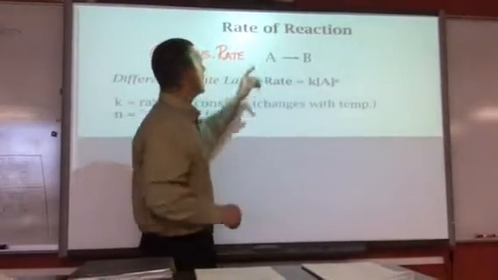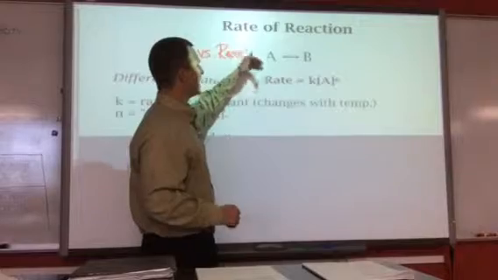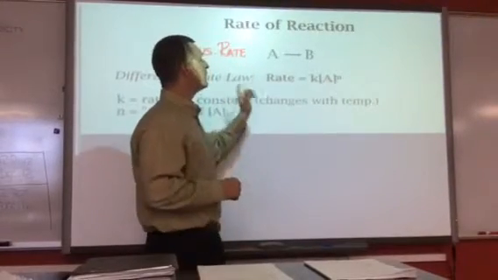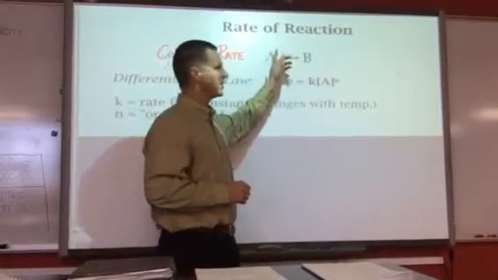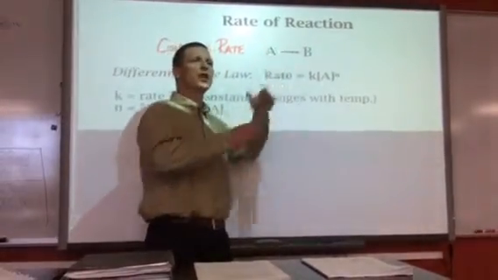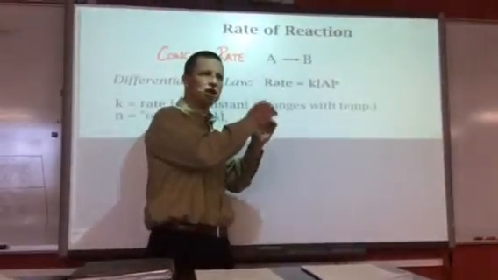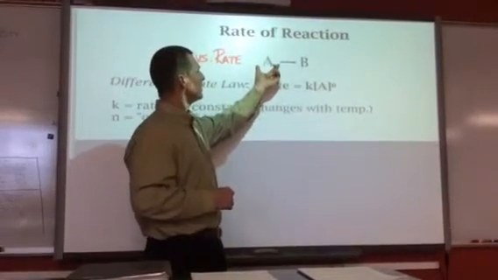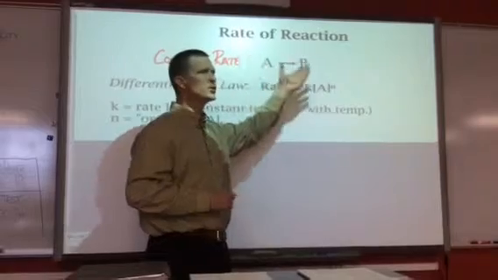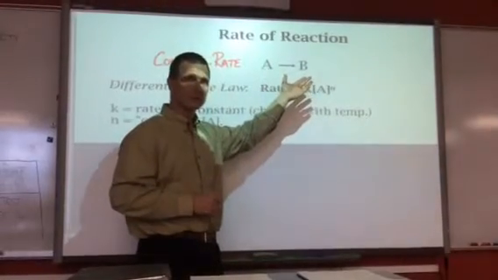If you cut it in half, the rate gets cut in half. Now, if it's second order, if you double the concentration, the rate is going to change by that change squared. That's what second order means. So if I double this concentration, then the rate is going to go up by 4, 2 squared.